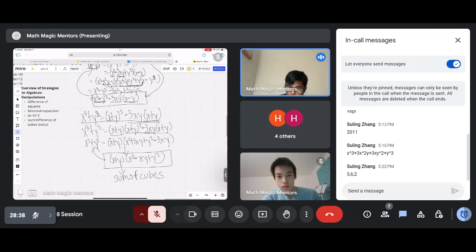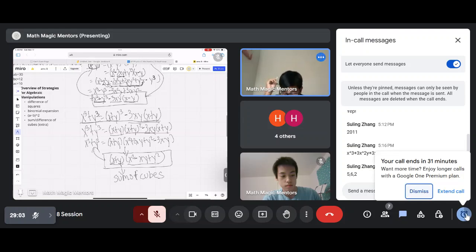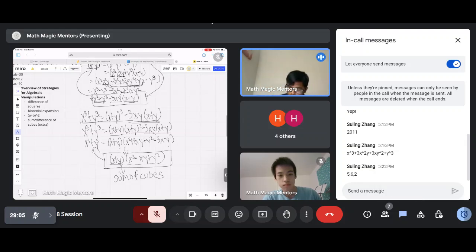Whenever you're asked to find the sum of cubes of two expressions in the AMC or in the SAT as well, sometimes you just find the individual terms of the two cube terms, and then you find the sum of the two squares of those terms.